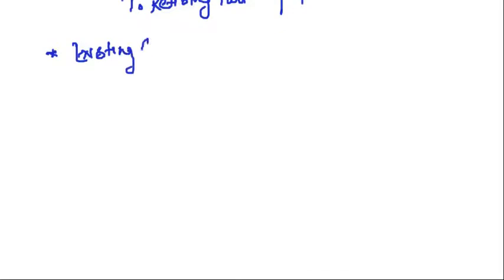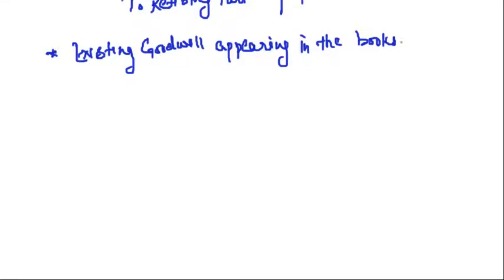Similarly, if there is any existing goodwill appearing in the books on the date of retirement, that goodwill is first to be written off among all the partners.